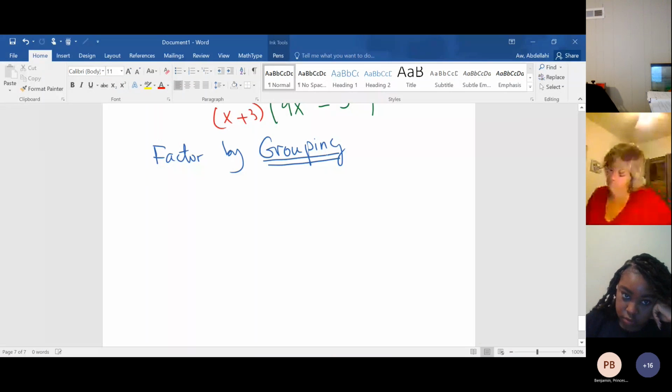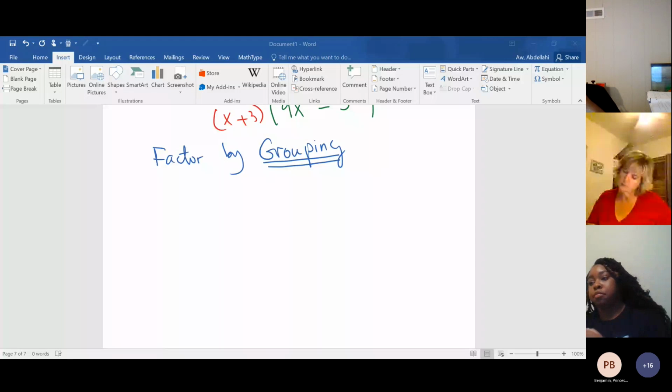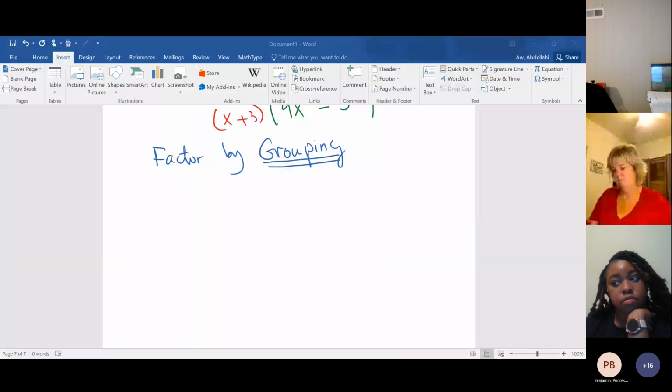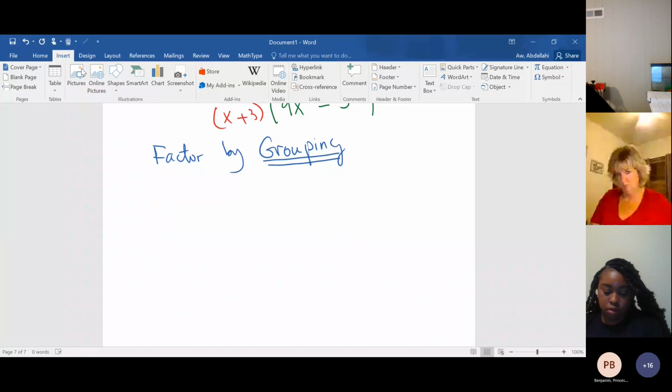Somebody is giving you the hint to factor by grouping. So what you're gonna do? Let me give an example again from the review sheet. Or let me go from my Open Math. The review sheet, I'm gonna let you try to do it by yourself. Okay. So right here, let me give this one right here.